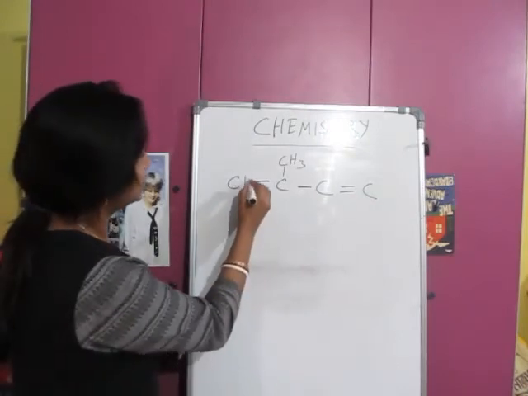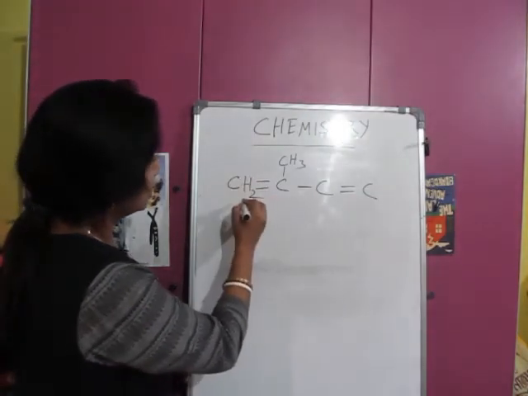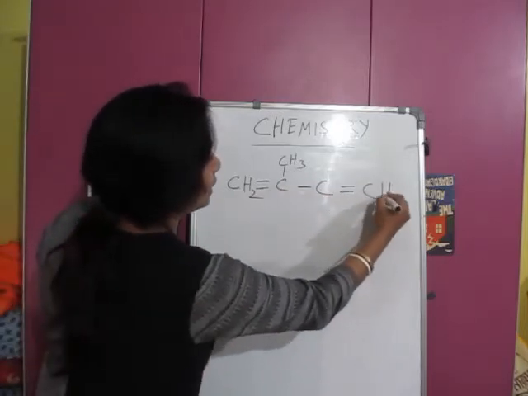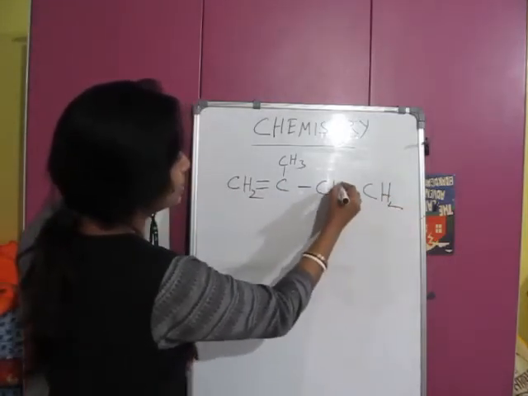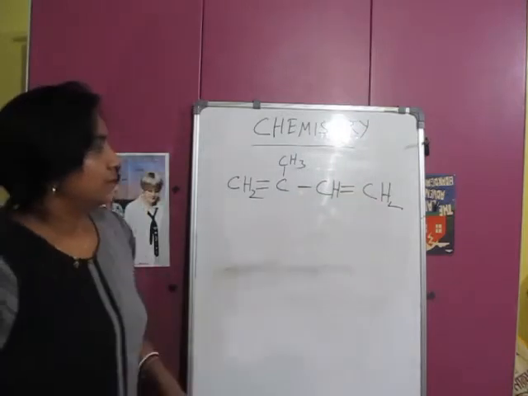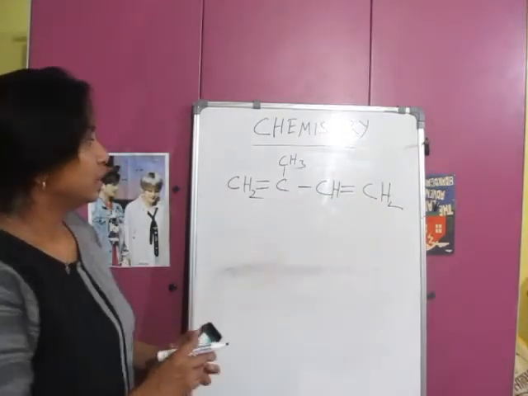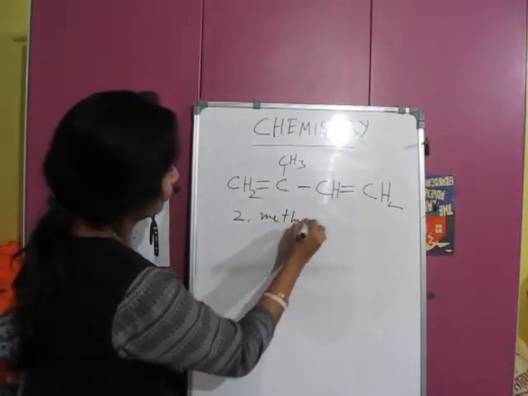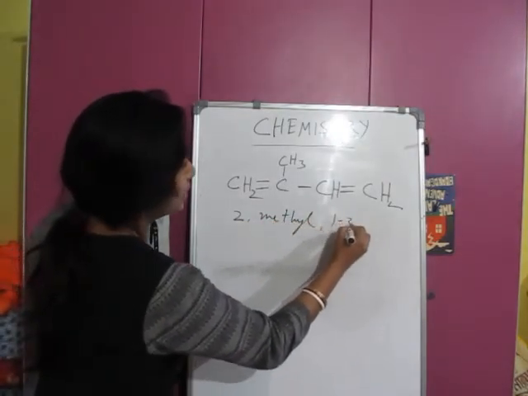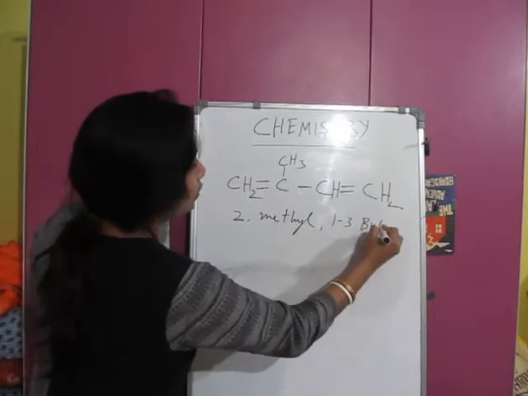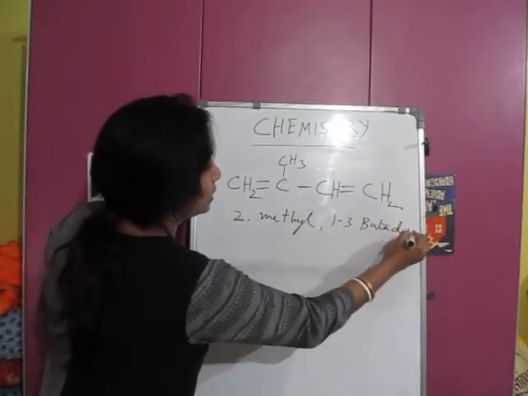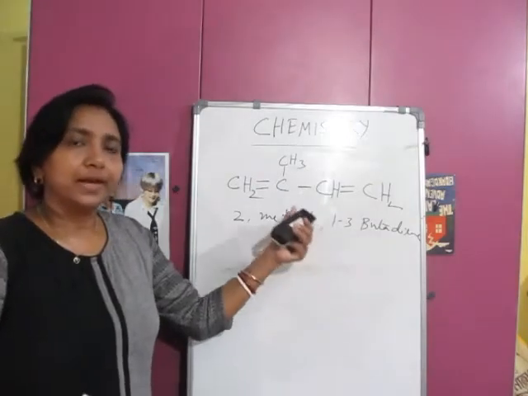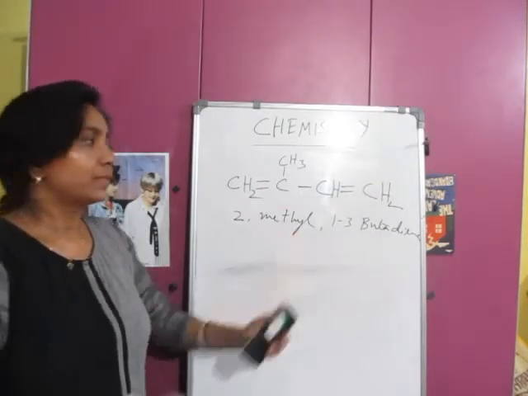Then give the hydrogens, the number of hydrogens, that is 2. Here no hydrogen is required. Here will be CH2. Here is 1 hydrogen. That is the structure of 2-methyl-1,3-butadiene. So this is the monomer of natural rubber.